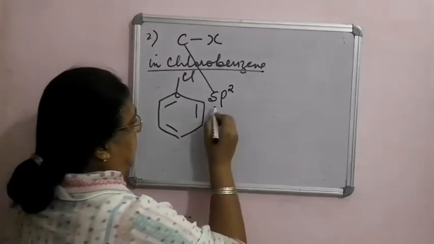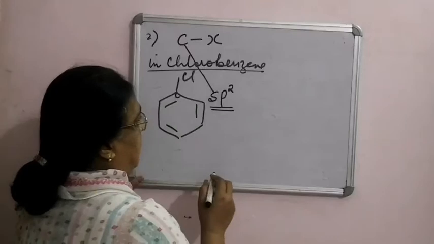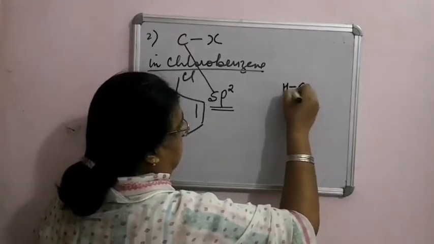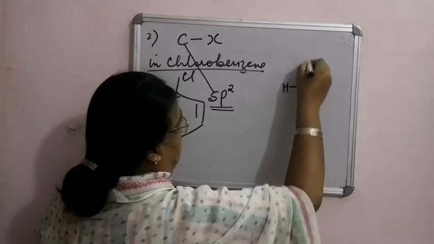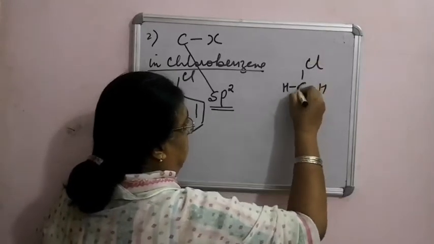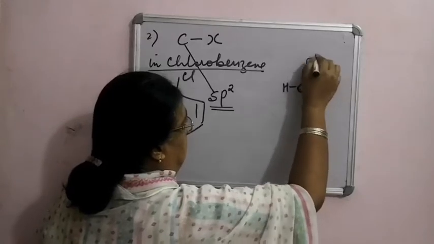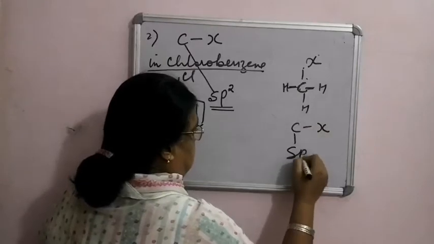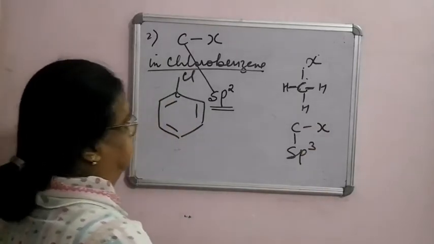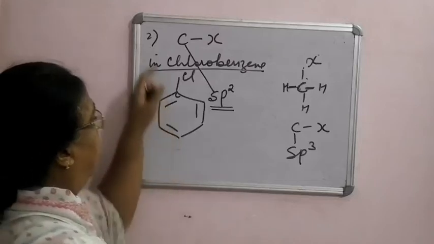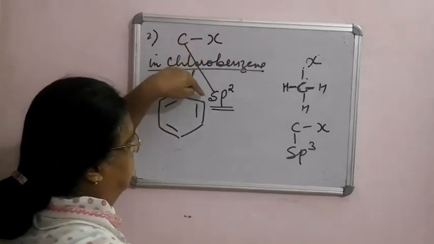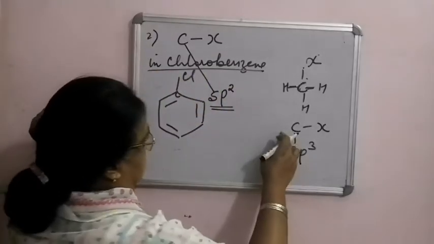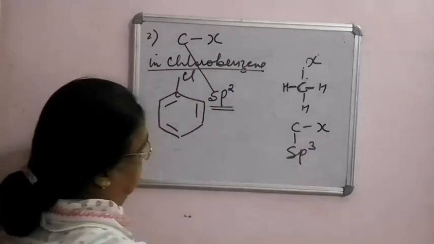Now if I talk about methyl chloride, here we have a carbon-halogen bond. If you take it as X, the carbon-halogen bonds are all single, so this carbon is in the sp3 hybridized state. So in chlorobenzene, the carbon of the carbon-halogen bond is in the sp2 hybridized state, and in alkyl halide the carbon of the carbon-halogen bond is in sp3.